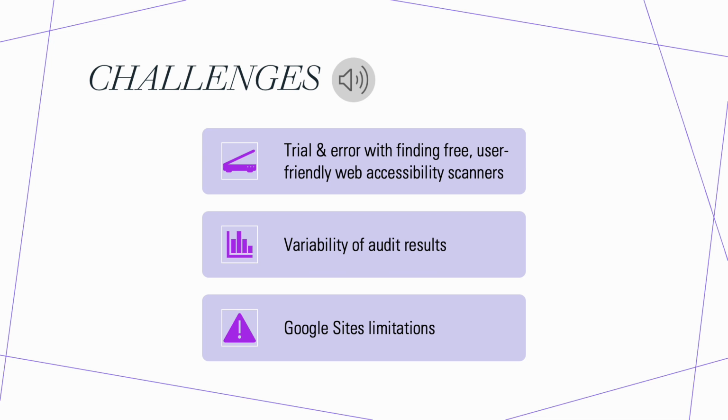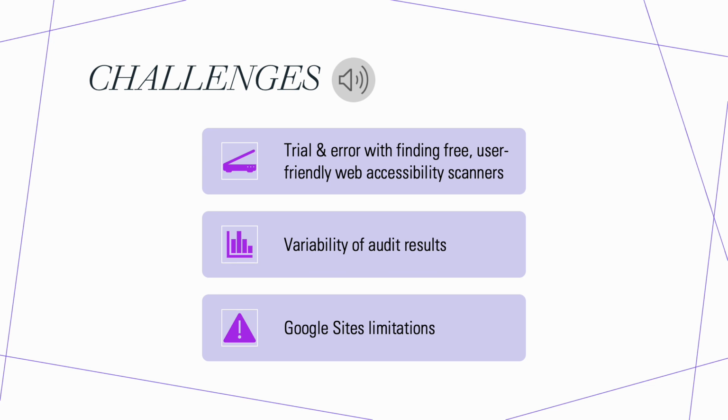One of the most useful resources we found was the Web Accessibility Evaluation Tools list on the Web Accessibility Initiative website. The list allows you to filter results to find evaluation tools that match your desired criteria. Each tool listed has a brief description and additional collapsible text for more detailed information.